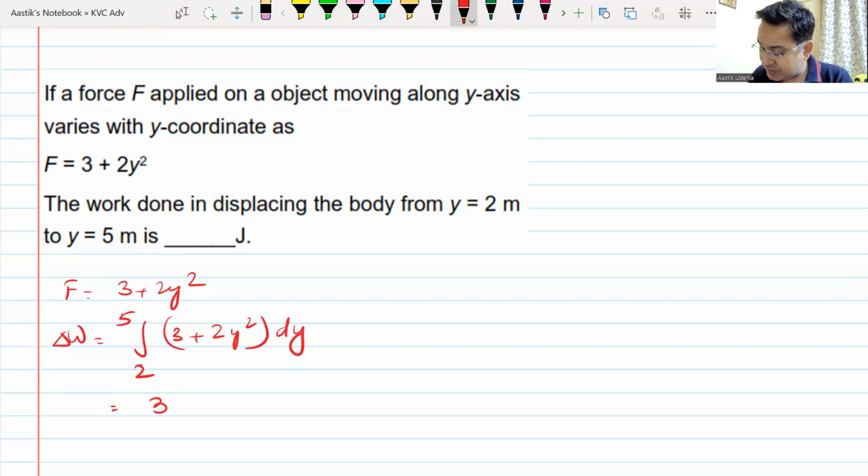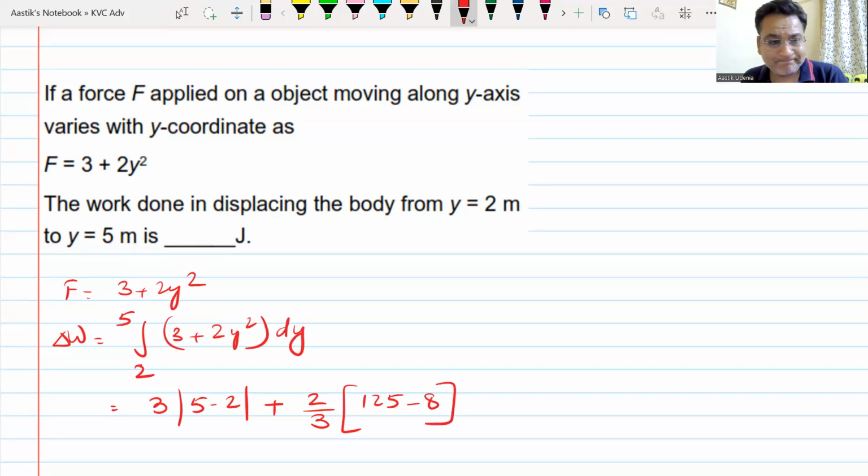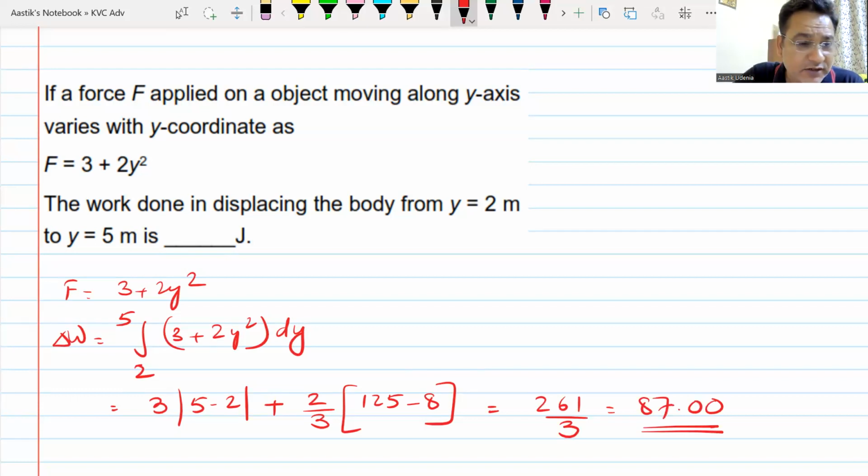That will be 3 into (5 minus 2), plus 2 by 3 into (5 cube minus 2 cube). 5 cube is 125, 2 cube is 8. This is what you should get. The final answer that I have is 261 by 3, which is equal to 87.00. That is the answer I have. I hope you have got the correct one.